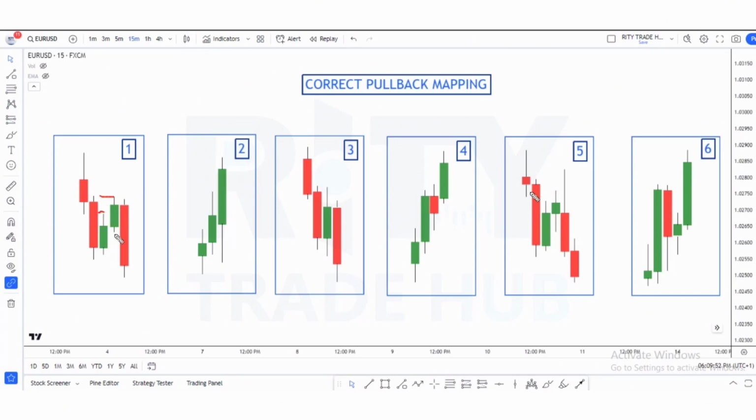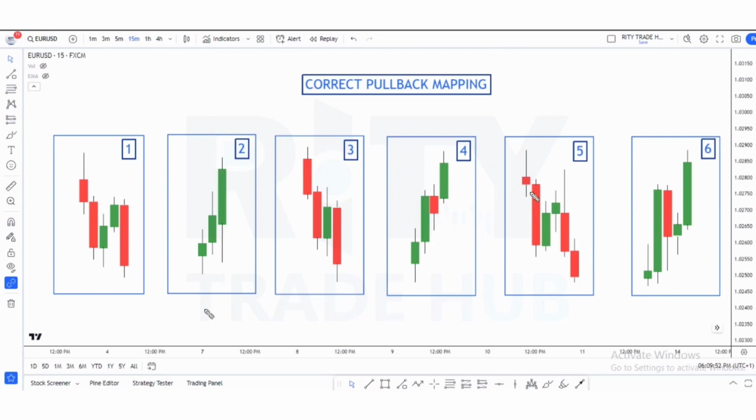It is still invalid because this low has not been swept, or there is no weak candle closing below here. I hope you are following. But once we have this sweeping this low, or the body of the candle closing below here, then this is our valid pullback.